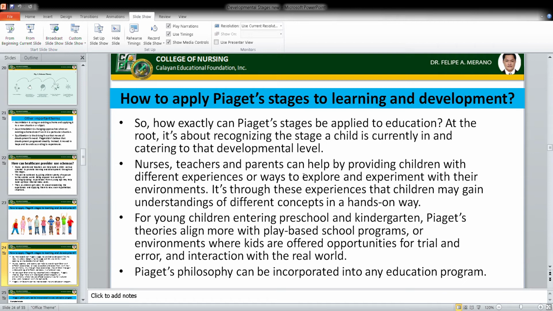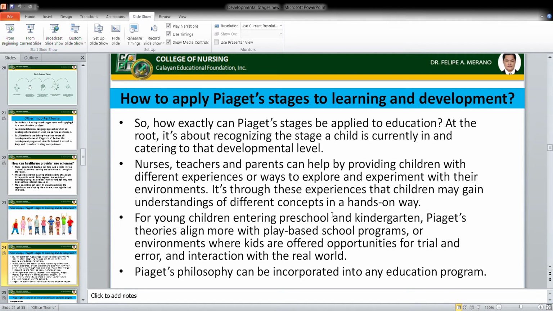stages created by Piaget. The nurses, teachers, and parents can help by providing children with different experiences or ways to explore and experiment with their environments. It's through their experiences that children may gain understanding of different concepts in a hands-on way.